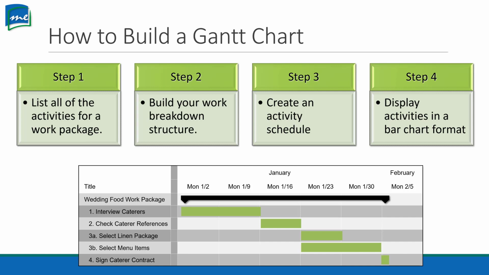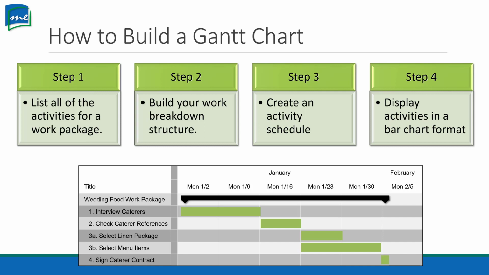You saw everything there. Create an activity schedule. Well, how long is each one going to take and what ones depend on each other? You know, which ones need to be started before the next one or run concurrently? That one's going to take a little bit because it's going to help you with step number 4 here. You're going to display the activities in a bar chart format. So here you can see that 3A and 3B both start on Monday, the 23rd of January, but they end at different times.